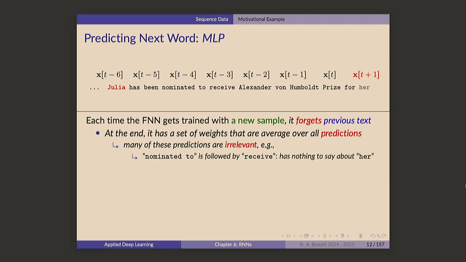So the pattern here is that every time we go over the sequence, the neural network somehow learns to give the next word given the previous word, or given the current word, right? And then it only somehow learns a superposition of all of the connections between every single word in the sequence and the next one, right?